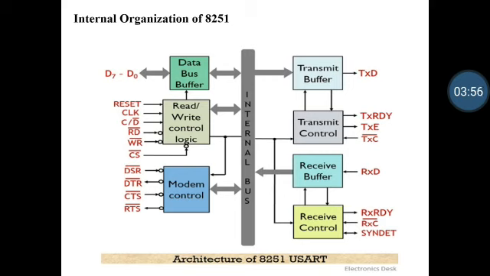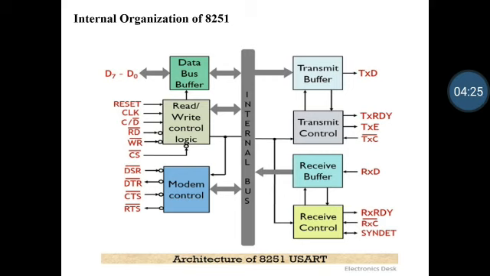Then the second type is the duplex mode of data transmission. In case of duplex mode, the data may be transferred between the two transceivers in both directions simultaneously. Means data transmitted from one side to the other, and at the same time data is again transmitted from the receiver side to the transmitter side.